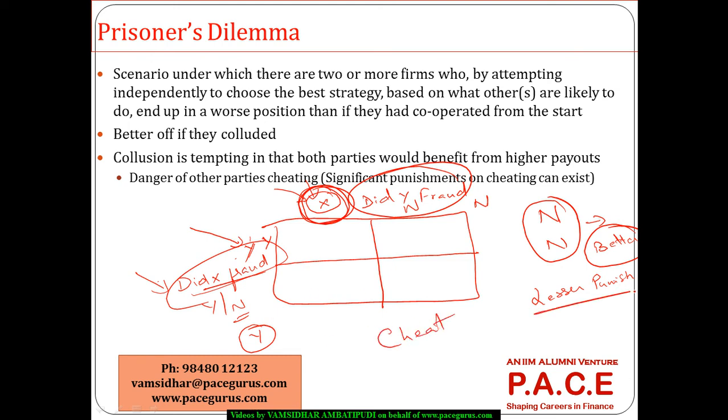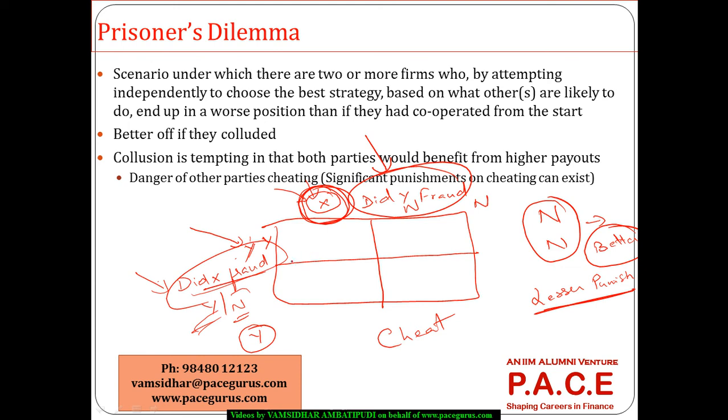So this could very well result in an incentive to cheat. Why should I get even a lesser punishment? If I say X has done the fraud, but X says Y did not, then it's very clear that Y would be released immediately. So Y thinks there is an incentive for me to cheat. Probably the same thing X may also do.